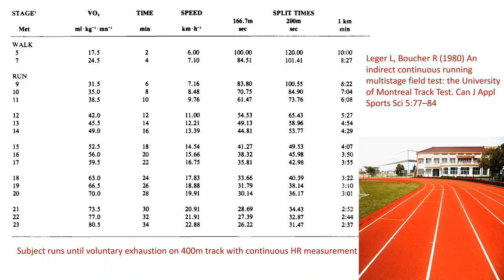And so this is the Montreal track test, and then they had connected that or related it to the same athletes doing VO2 max tests on the treadmill, so they were able to generate regression lines that gave an estimate of VO2 max for these given speeds at exhaustion. Now, obviously, economy and things like that lead to some individual variation, but this was the Montreal track test, and their correlation with VO2 max was 0.96.